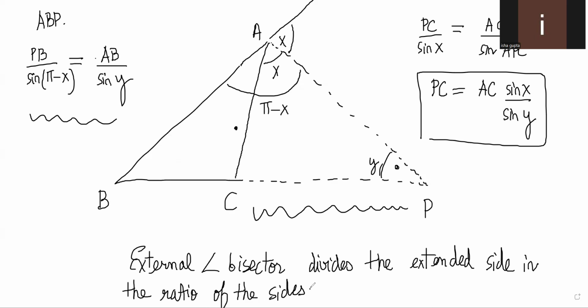Since in the previous example we got BP by CP is AB by AC, we concluded that AP is the exterior angle bisector of BAC. And as soon as you know that, the exterior angle bisector and the interior angle bisector are always perpendicular. So that finishes off the problem.